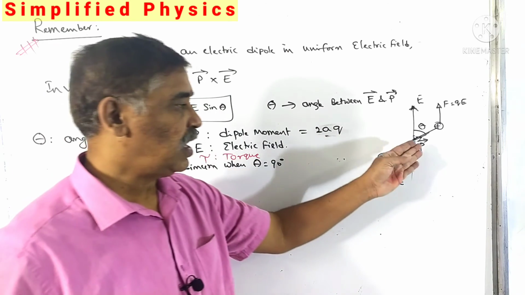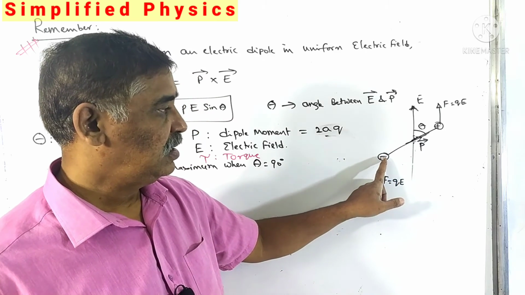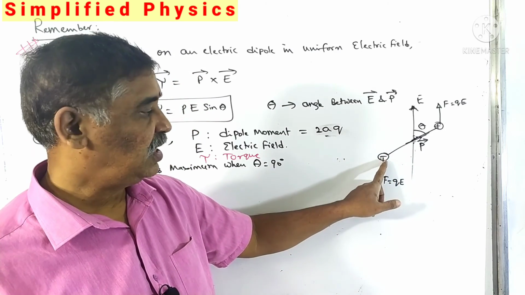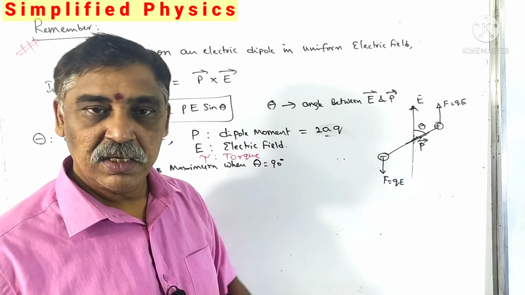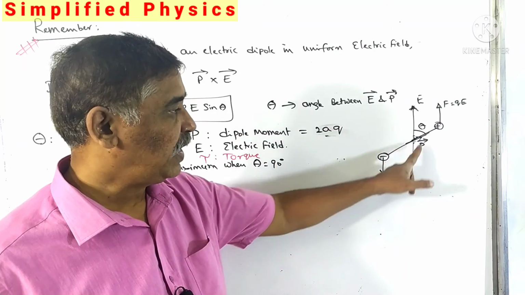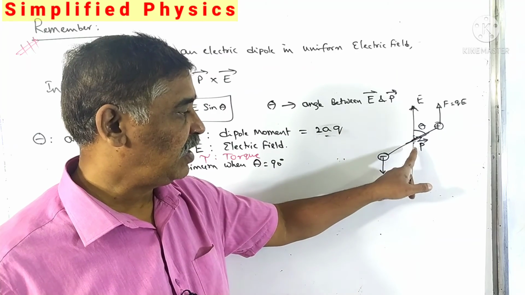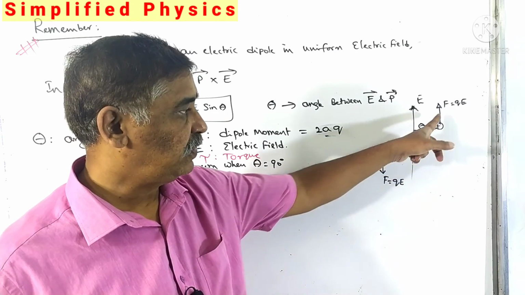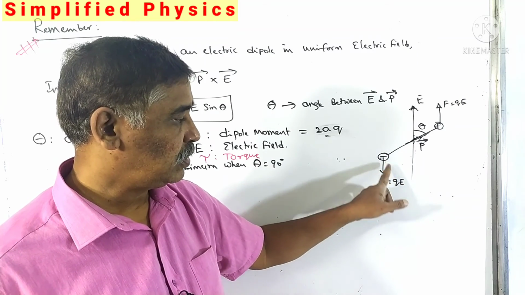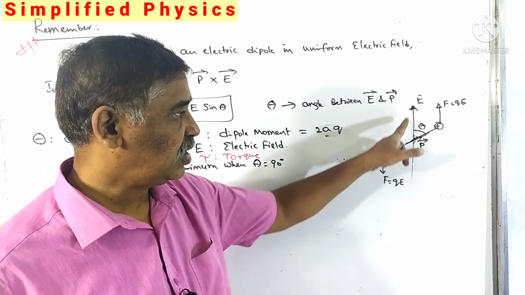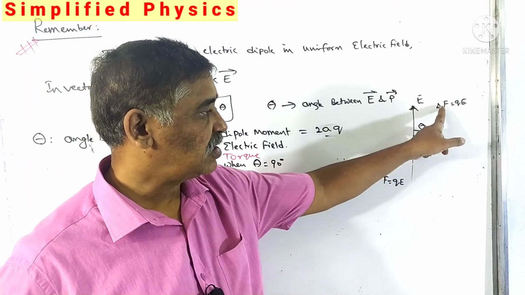If you have a negative charge and a positive charge separated by a short distance, we name that an electric dipole. When you place such a dipole in an external electric field, it experiences forces as shown in the figure. On the negative charge there is a force F equal to QE opposite to the electric field, and on the positive charge F is equal to QE in the direction of the electric field.